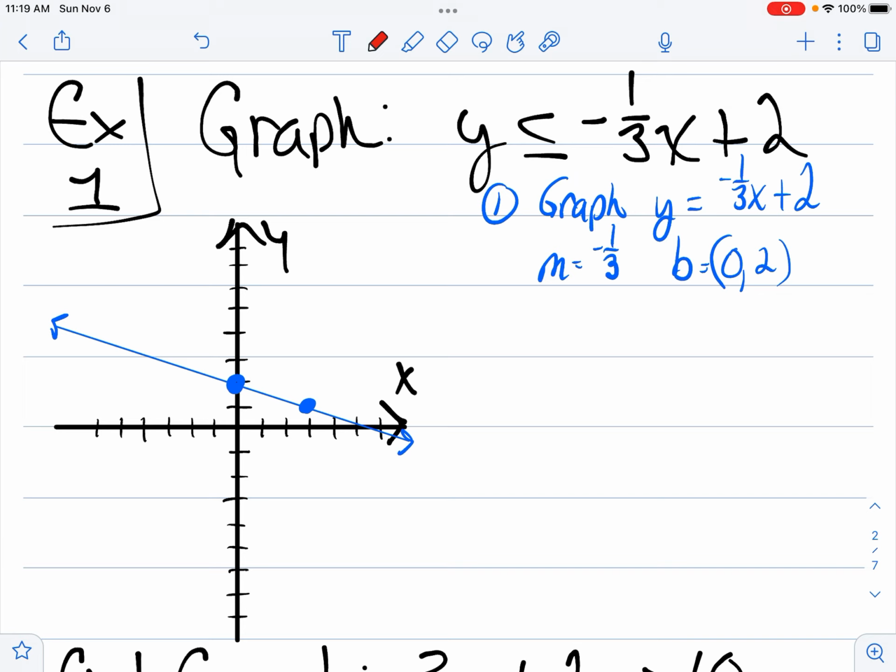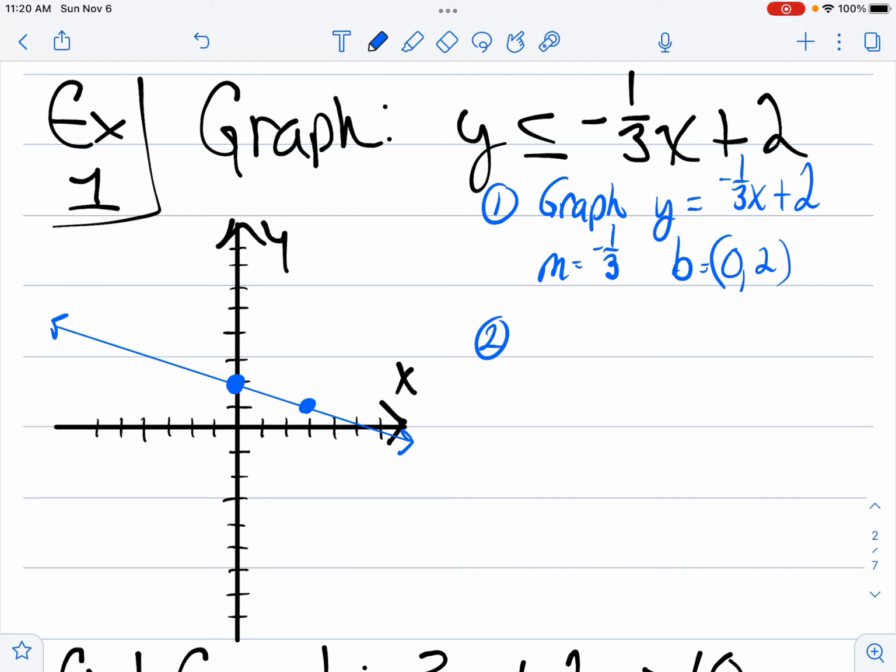If your boundary line does happen to pass through the point (0, 0), that's okay. Just pick something that's real close next to it, like (0, 1) or (1, 0), or something that's still real easy to use. So we're going to test (0, 0) in our inequality, and we're going to see if that makes the inequality true or false.